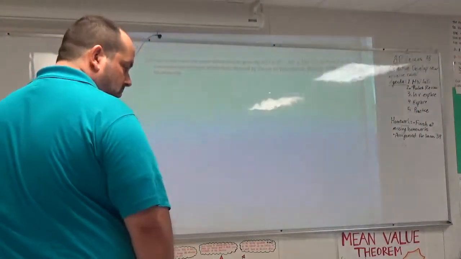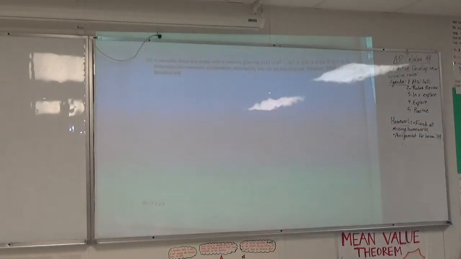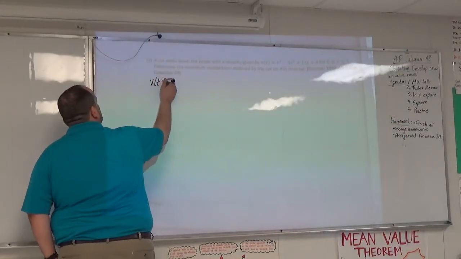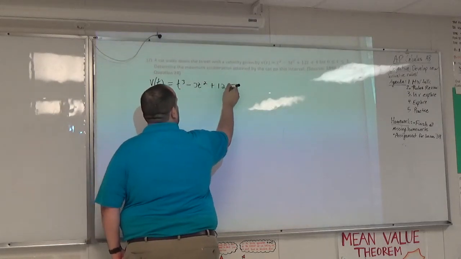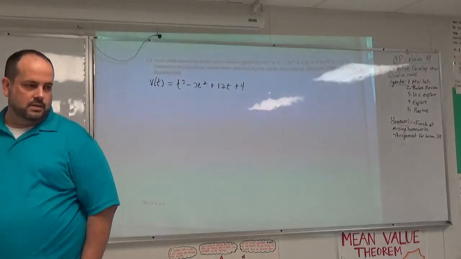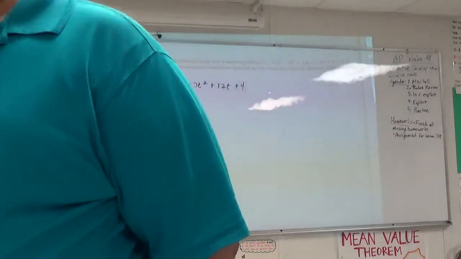You have to use the derivative to find the minimum and maximum of the derivative. So to find the maximum of the derivative, take two derivatives, because you already have the first one.